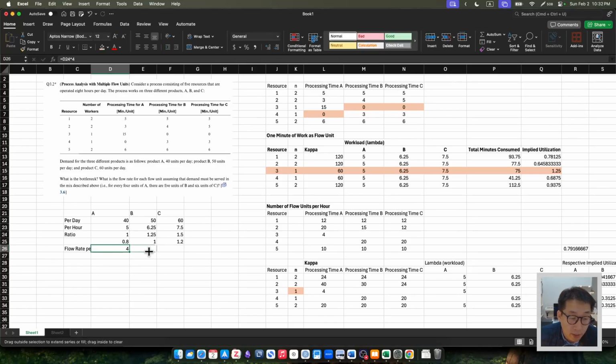And this is the flow rate for this whole process, just because the owner of the process wants to maintain this particular mix.